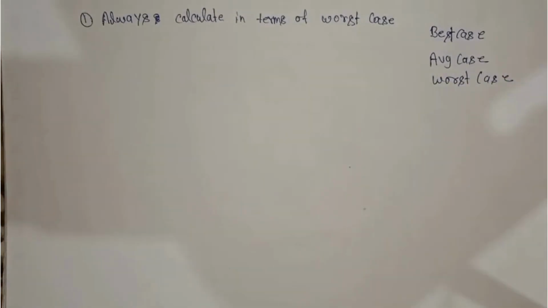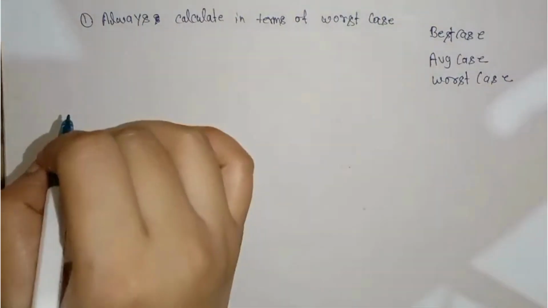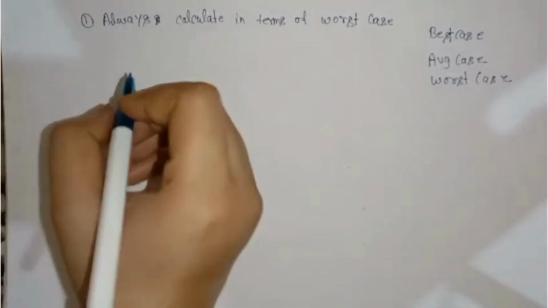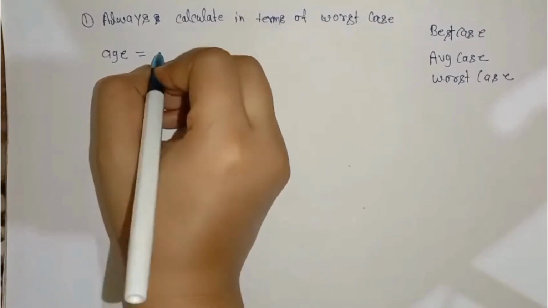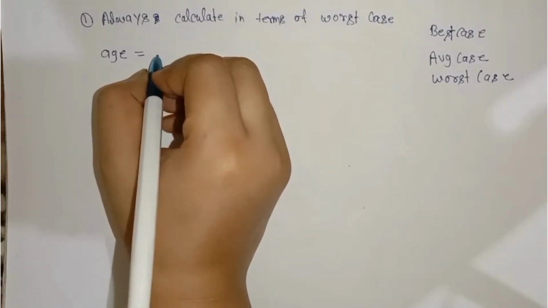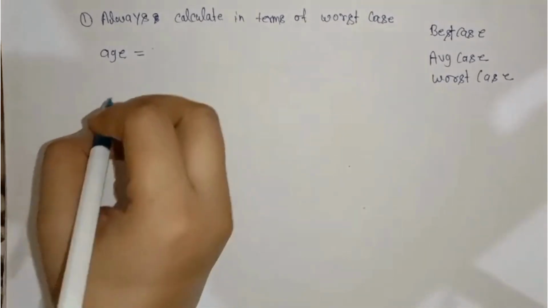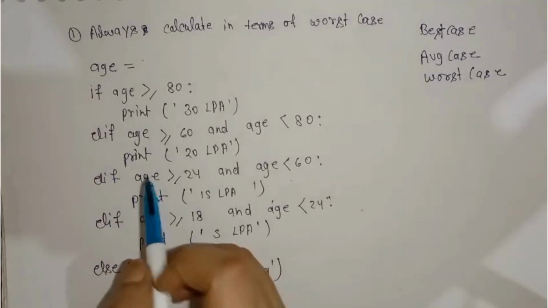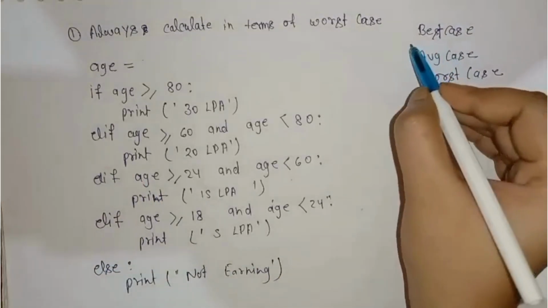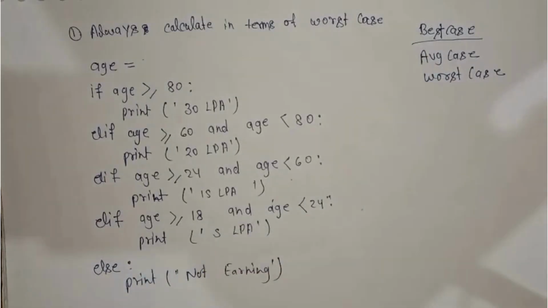Okay, so I'm going to start with one example. You need to put in the value of age, and this is the code. For the best case, let's think about what age would let us do the fewest operations.